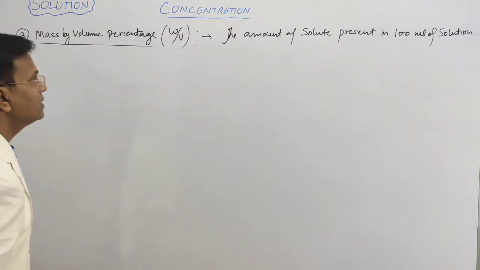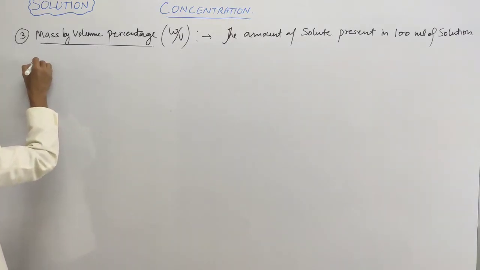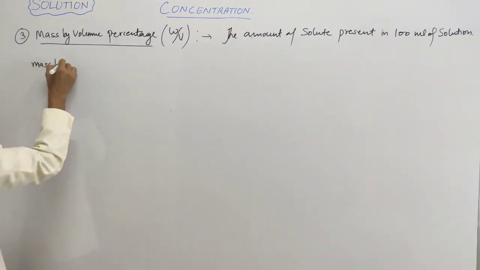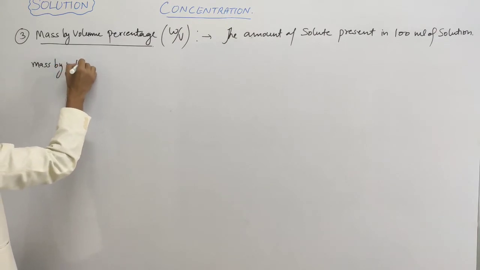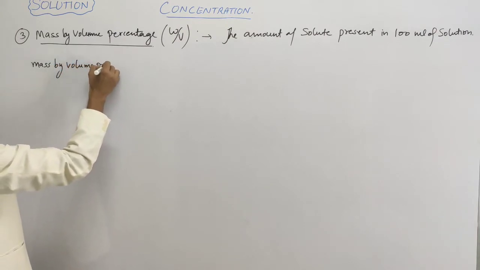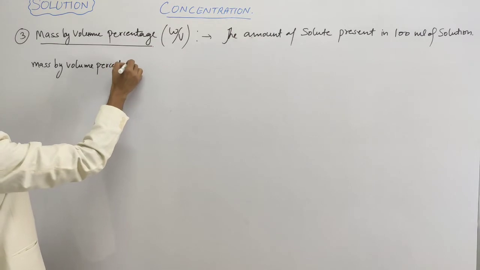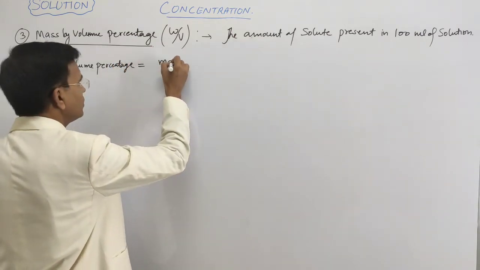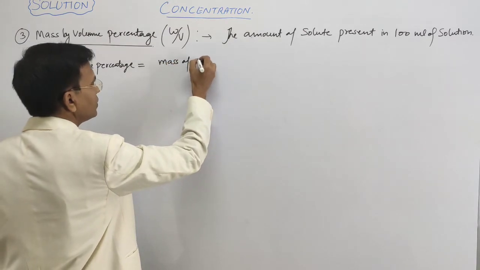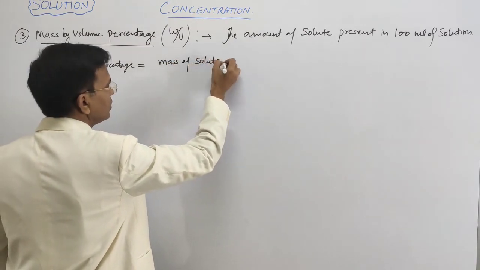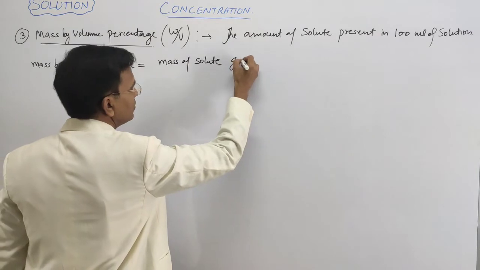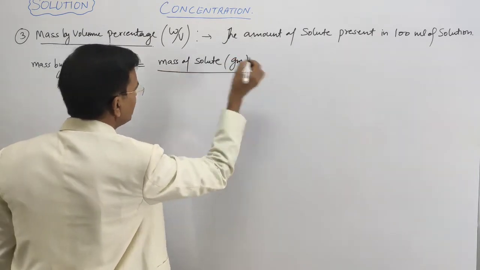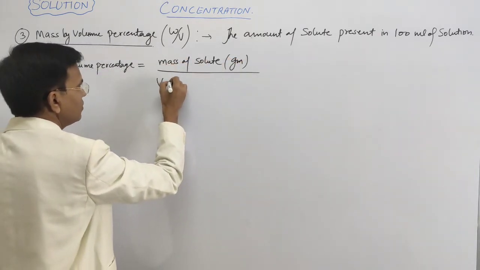So the formula will be: mass by volume percentage is equal to the mass of the solute, if it is in gram, then volume of solution.